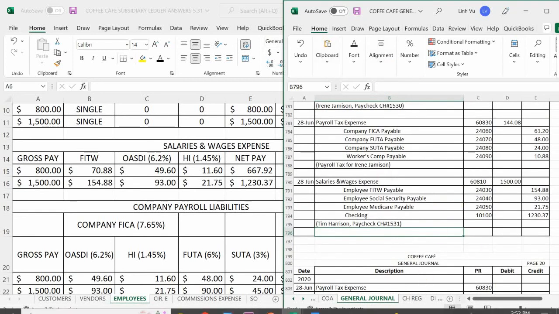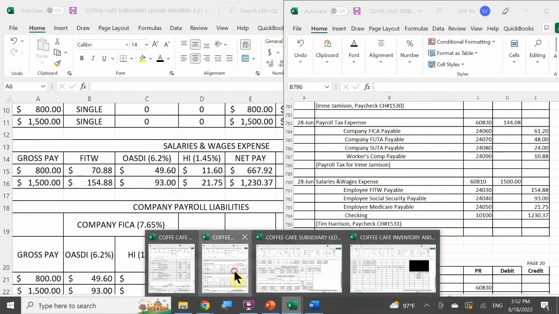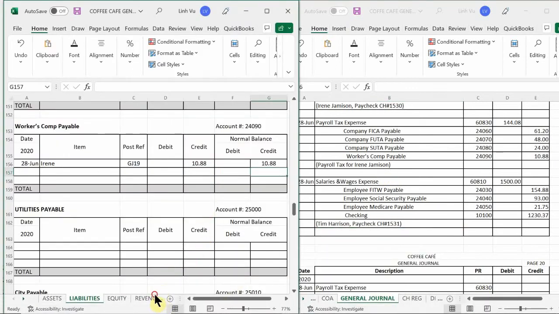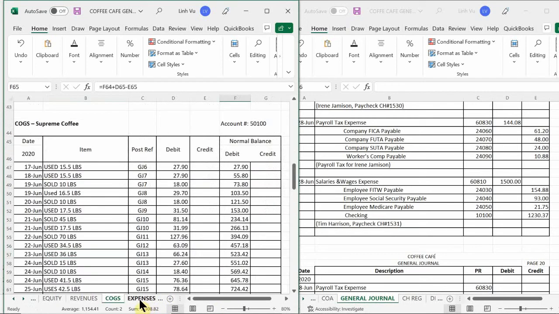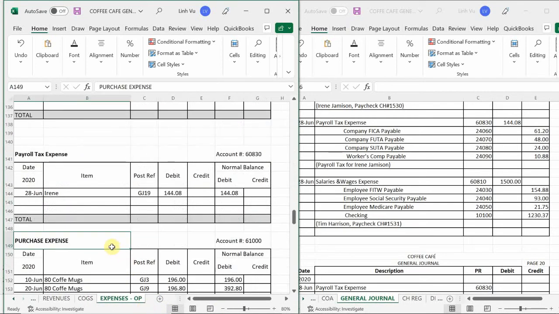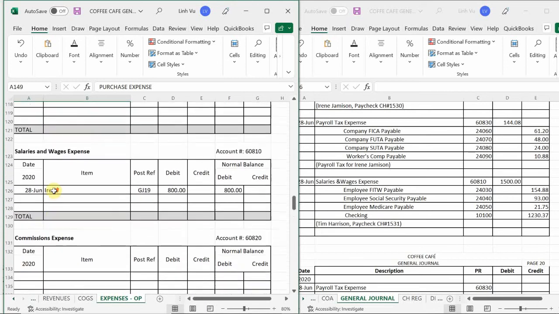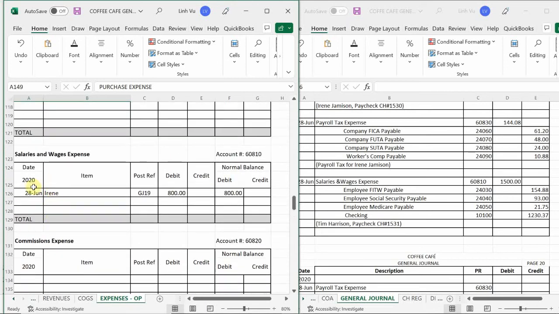Okay, so let's process Tim Harrison's paycheck here, starting with salaries and wages expense. Hold on one second. So we go to the operating expense.